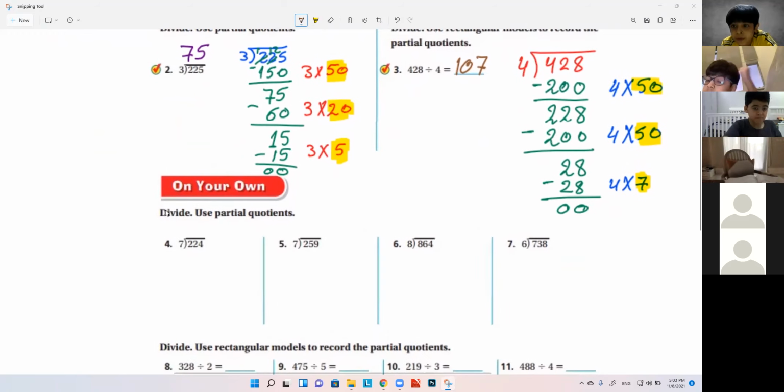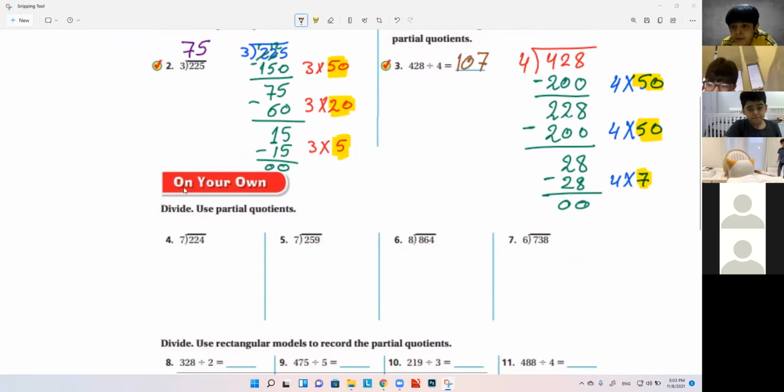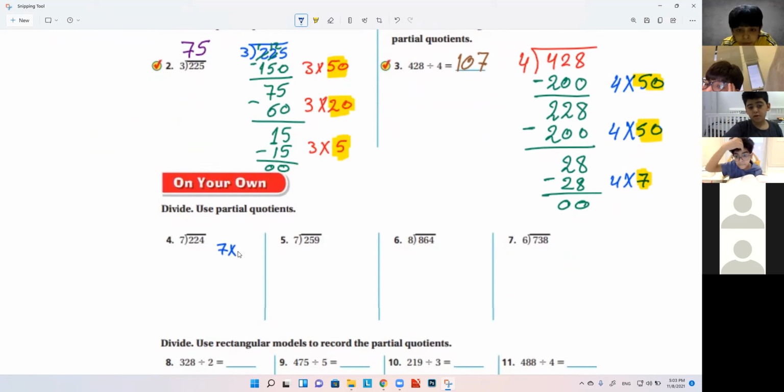Yes. Okay, so Haidar, we have number 4. So we're gonna multiply 7 by what here? By like 10. The multiples of 10.